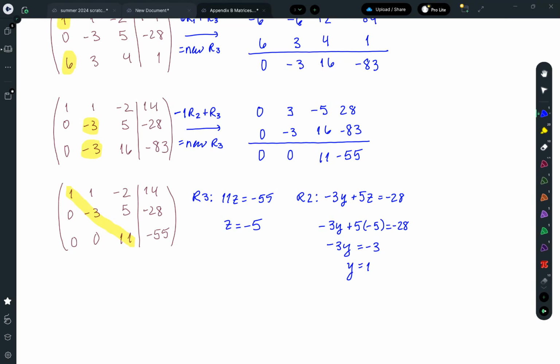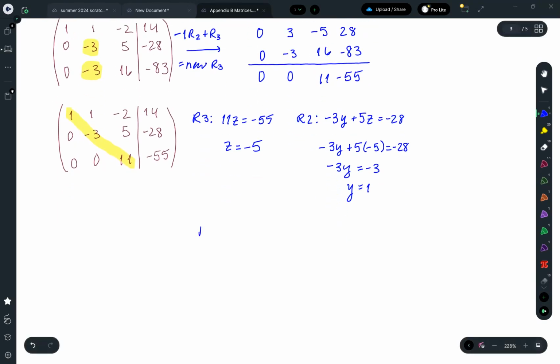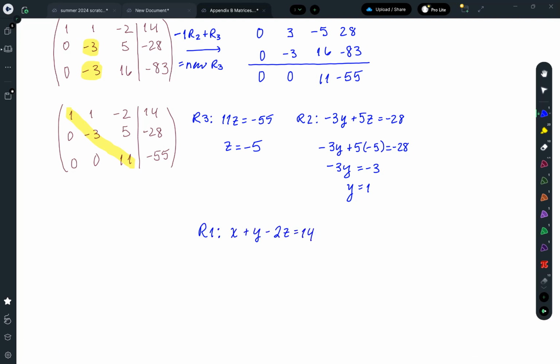Well, I can take that and deal with row 1 now. Row 1 says x plus y minus 2z is equal to 14, but replace z with -5 and y with 1. x plus 1 minus 2 times -5 is equal to 14. -2 times -5 is positive 10, so I have x plus 11 is 14. x is equal to 3.